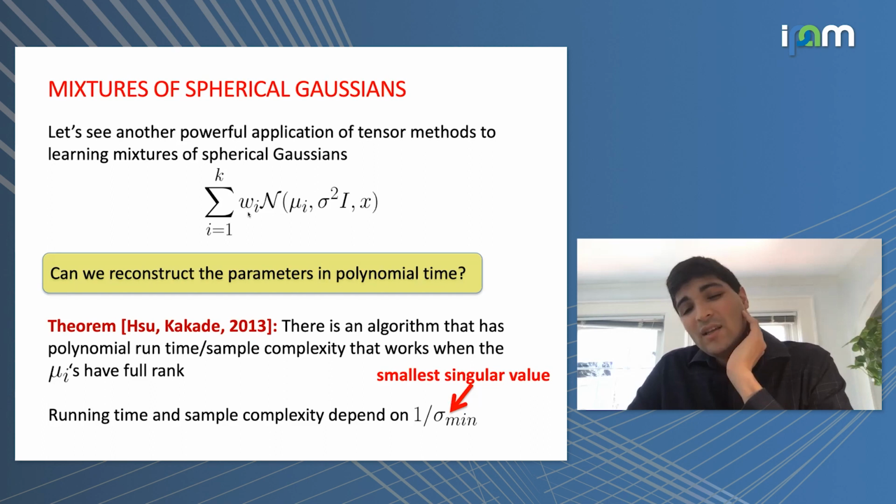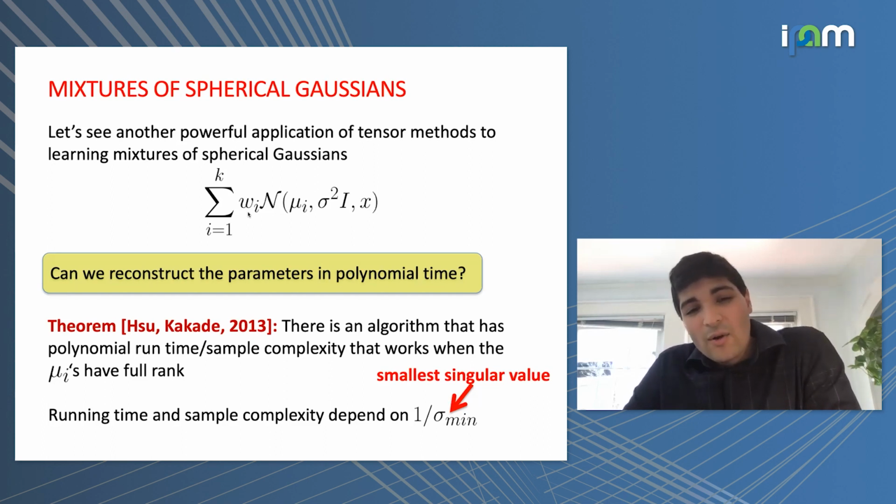Now, if you're precise, there are a bunch of parameters that you need in order to prevent the problem from being degenerate. First of all, if the means are full rank but are very close to not being full rank, that would be a big problem. You would see it in the stability analysis of Jennrich's algorithm, which would tell you that you have to take too many samples in order to get good statistical guarantees.